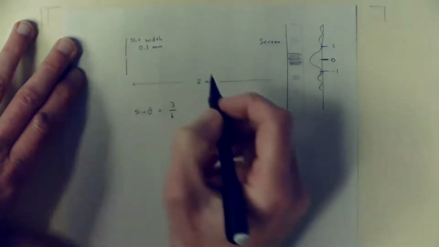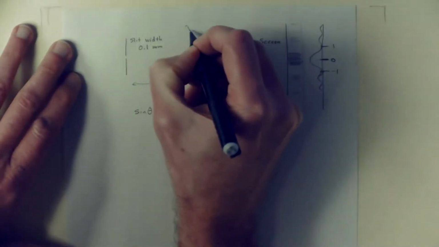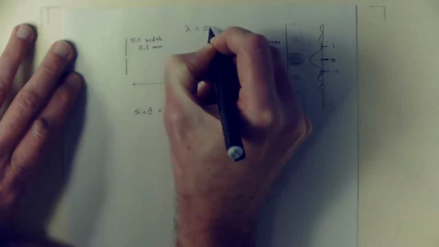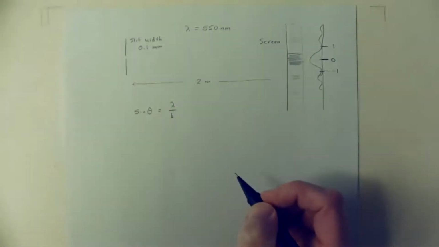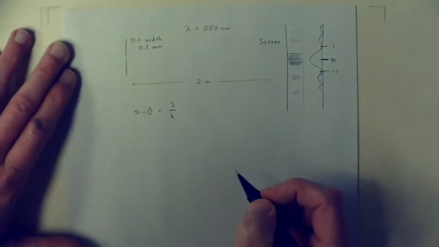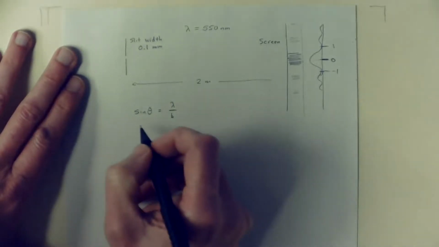So imagine that we really do have this. I guess I haven't chosen a wavelength here. Let's imagine that our wavelength is just 550 nanometers. That's just sort of in the middle of the visible spectrum. So we solve for theta here.